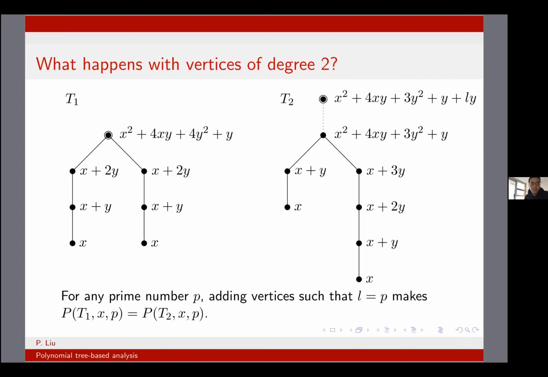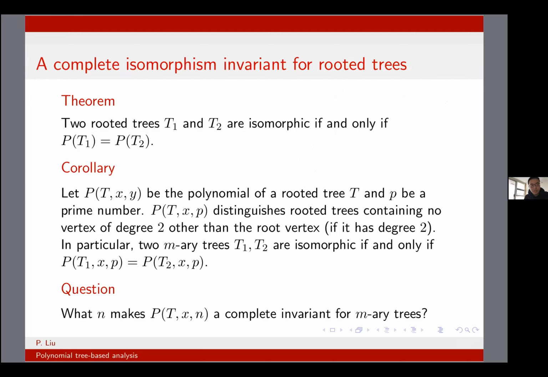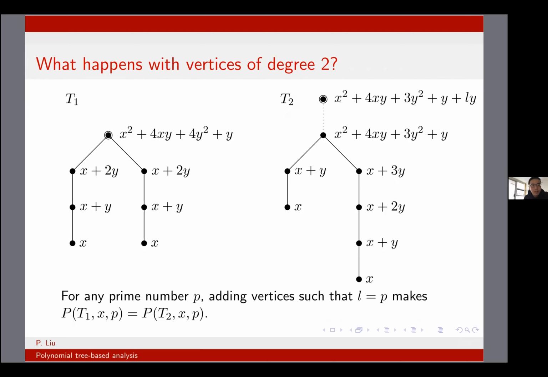Especially for M-ary trees, for binary trees, for phylogenetics, we're mainly interested in binary trees, which means every node except for the root has degree 3, and say 3-ary trees. For those trees, one variable will be enough. You can substitute y by a prime number. It'll still be a complete isomorphism invariant for these trees.